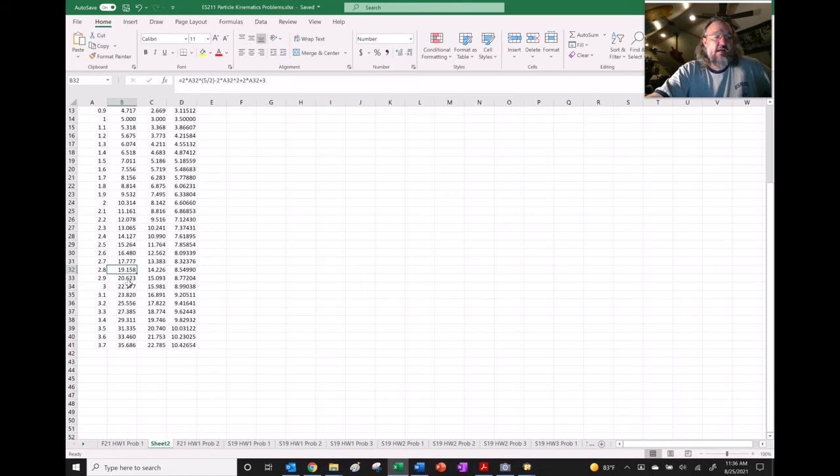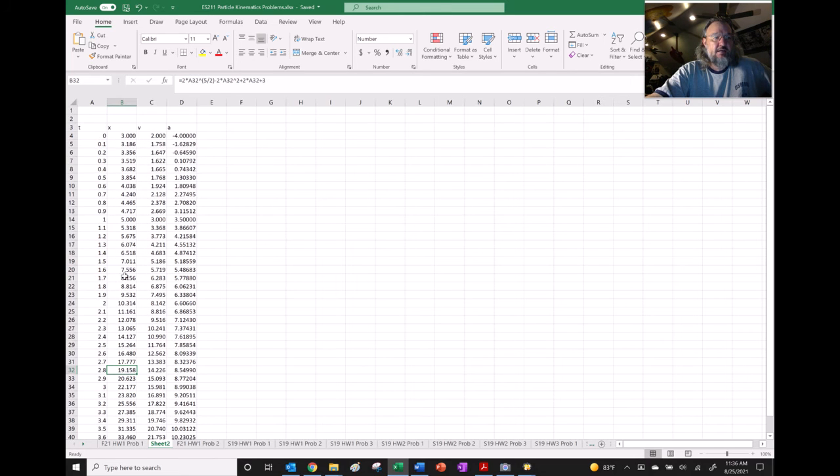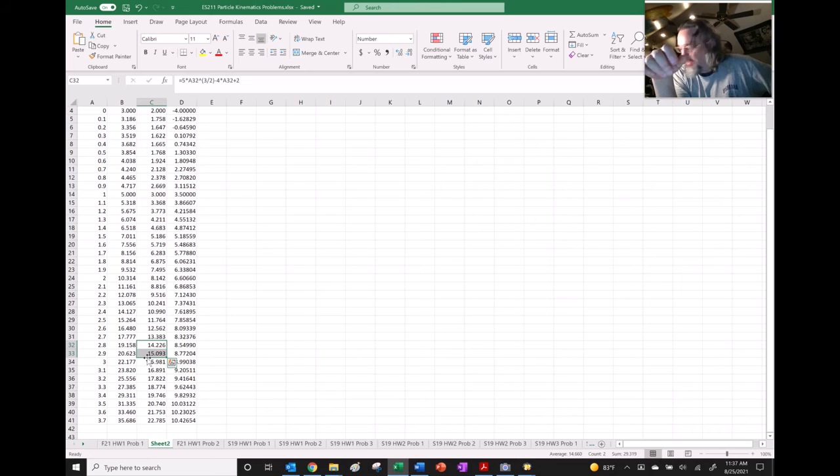So you could look right there, and you can see it's somewhere between 2.8 and 2.9. That's the position, right? So somewhere in between here and here, you can see that the velocity is going to be somewhere between 14.2 and 15. And what did we get? We got 14.7, so that makes sense.